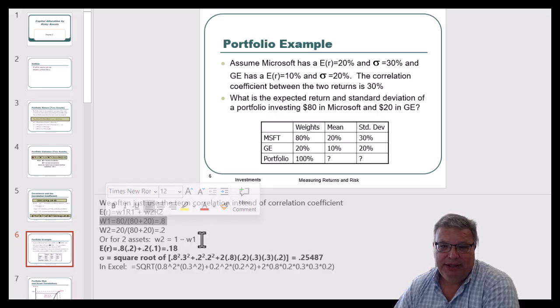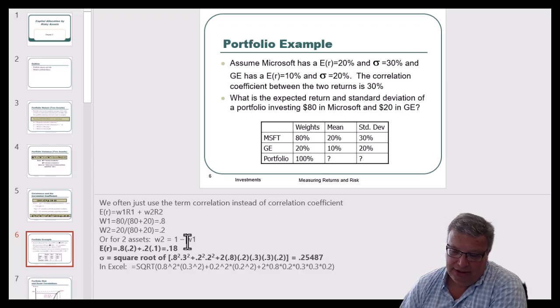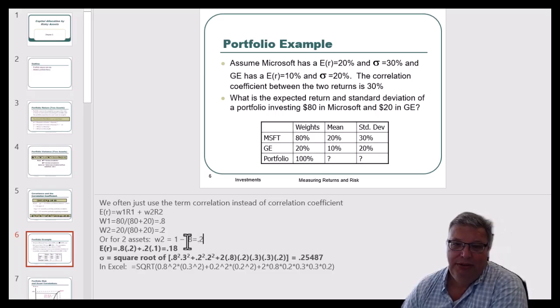One of the things we like to do, right, is if we add $80 in one stock, it must be $20 in the other. And you can do that here, right? If we substitute in right here 0.8, then we know it's going to be 0.2 for GE.